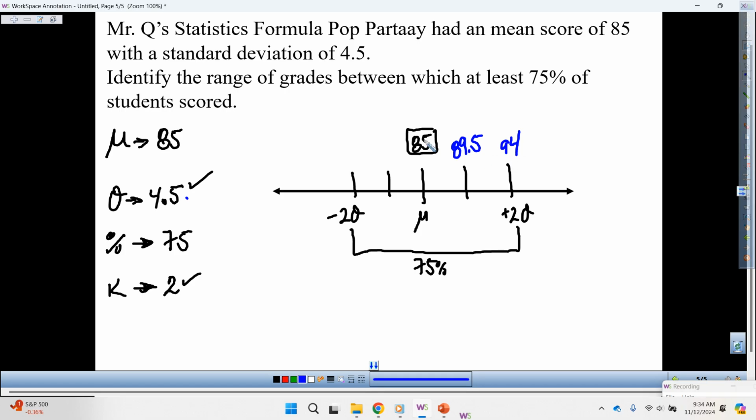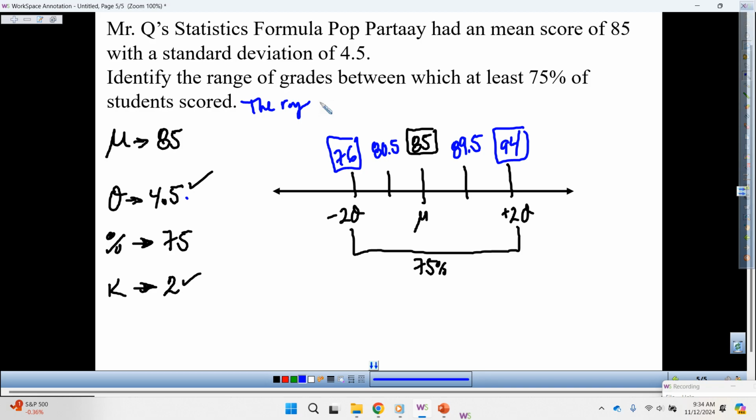But that's upward. How about downward? 85 minus 4.5 is 80.5, but that's the first standard deviation. Second standard deviation is 76. So for the 75%, what are the ranges of the scores, guys? From what to what? From 76 to what? So let's answer the question.